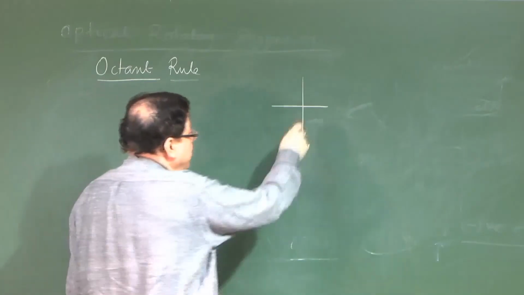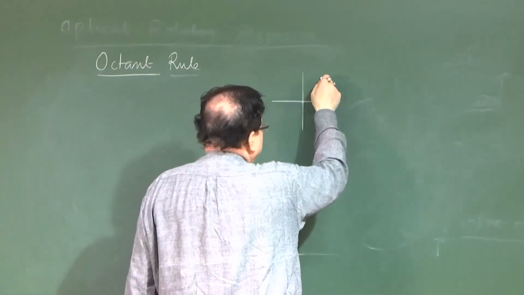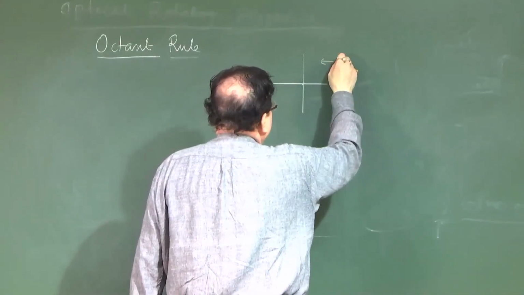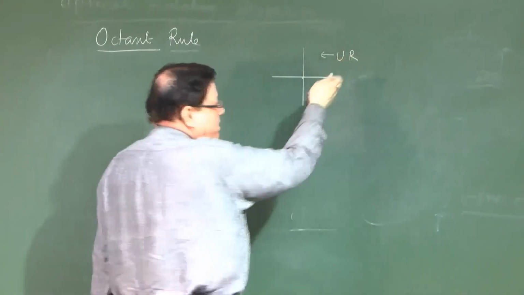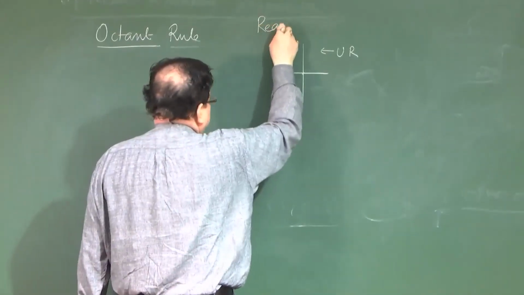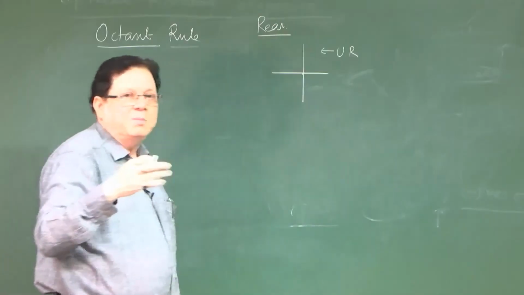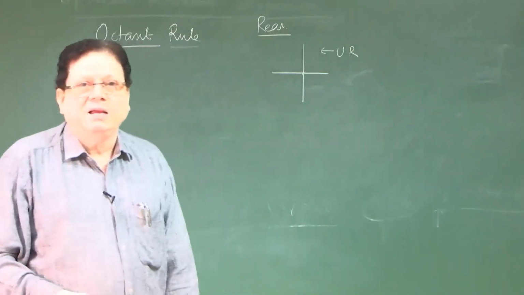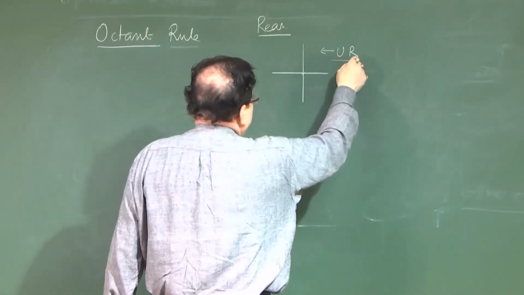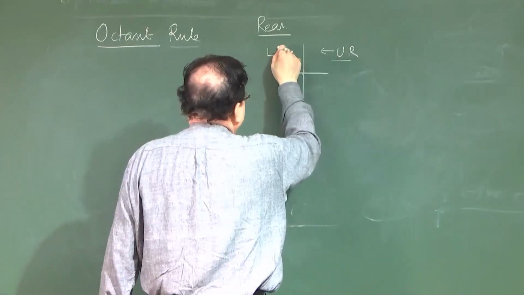Rear octants have to be named. This is what is called upper right. We are considering the rear octants, that means the space which is at the back side of the carbonyl. So, this is rear. This is upper right, then you have a lower right.